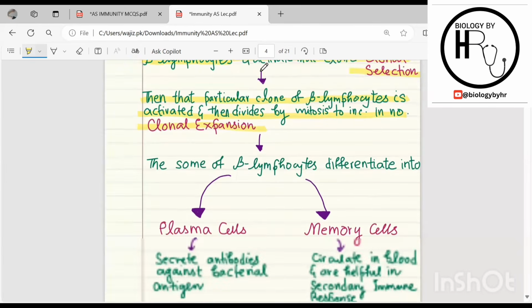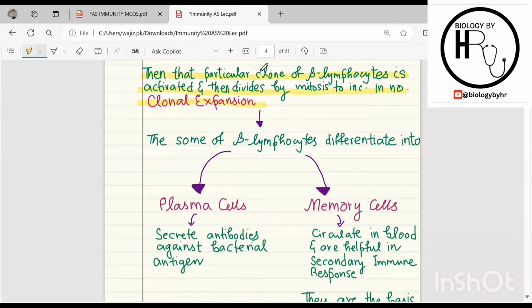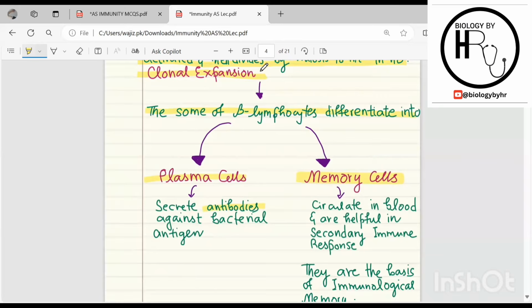After the clonal expansion, some B lymphocytes will differentiate into, number one, plasma cells, and some B lymphocytes will differentiate into the memory cells over here. Right, now if I talk about plasma cells, plasma cells are those cells which are secreting the antibodies. They are the antibody secreting cells and they have been differentiated from the B lymphocytes. This is a key point, you have to remember this.